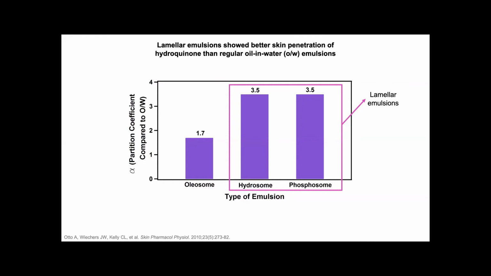They also tested a regular oil and water emulsion, but it's not shown here because these values are relative to it. That is, they're divided by it. The constant alpha is a measure of how well substances partition between two phases. Higher alpha means higher partitioning. Thus, you can see that the lamellar emulsions, hydrosome and phosphosome, did show better partitioning of the active material across the skin membrane.